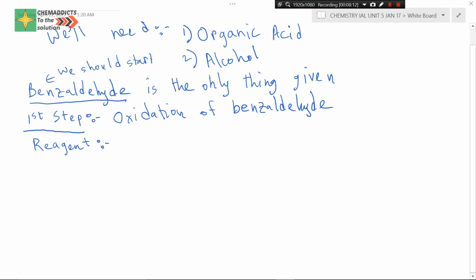The first reagent, you guessed right, should be dilute sulphuric acid.